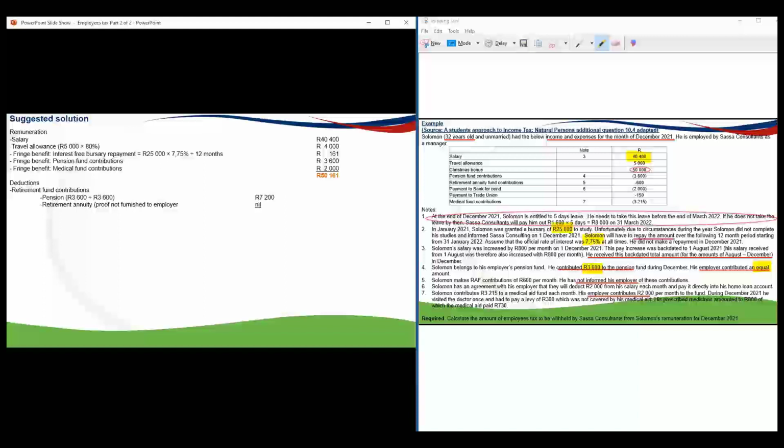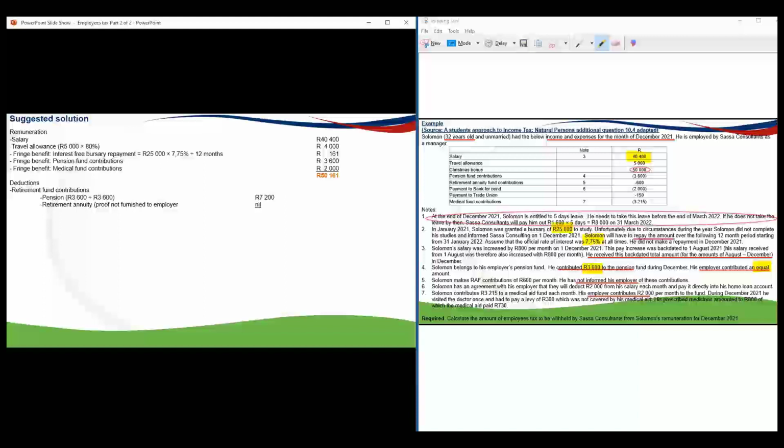What you need to take a note of is that these rules are only applicable to employees' tax. Now, this does not mean that when you consider your taxable income, if you are required, for example, to calculate taxable income for purposes of the Section 11F retirement contributions deduction, you would include these contributions made by Solomon in that calculation.